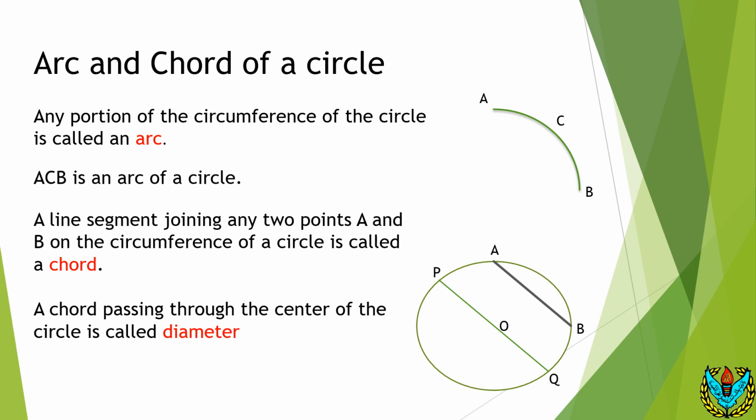So remember, an arc is the curved portion of the circumference and a chord is a straight line joining 2 points on the circumference. So AB is a straight line and ACB is a portion of a circle which is an arc of the circle.